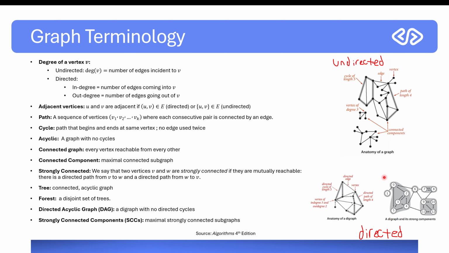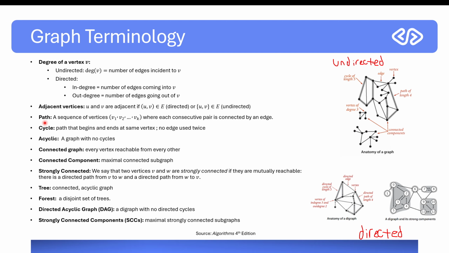A path is, so we'll go to path. Here's a path of length 4. If you can see, it's highlighted gray here. A path is just an edge-by-edge connection from U to, we can say, a vertex S. This one has a length of 4, so we have 4 edges here.